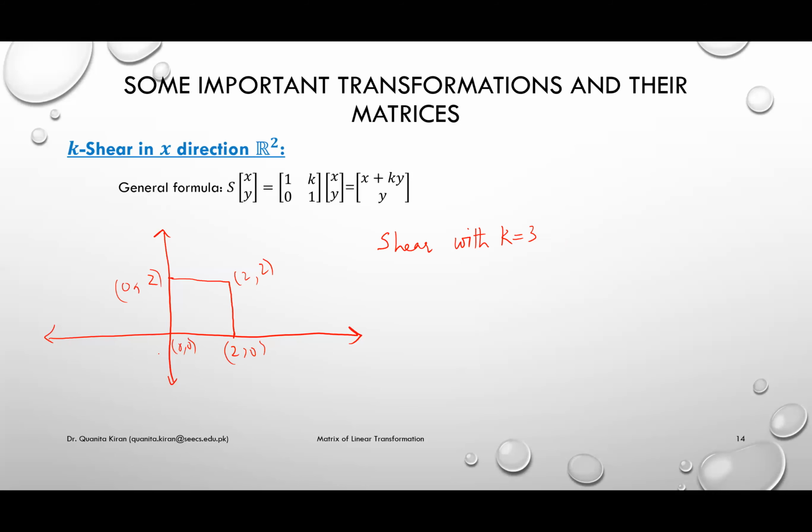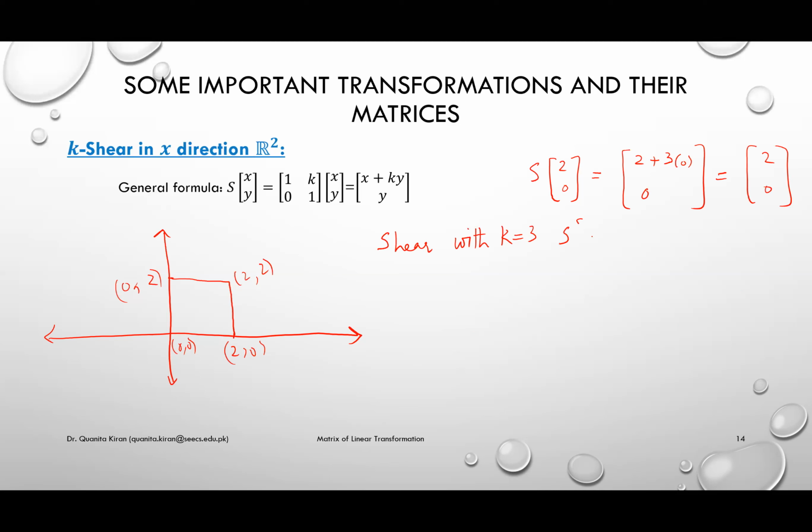So it maps (0, 0) onto (0, 0), of course, because this transformation is a linear transformation. This transformation maps (2, 0) onto (2 + 3 times 0, 0), since y is 0 here. So we have (2, 0).